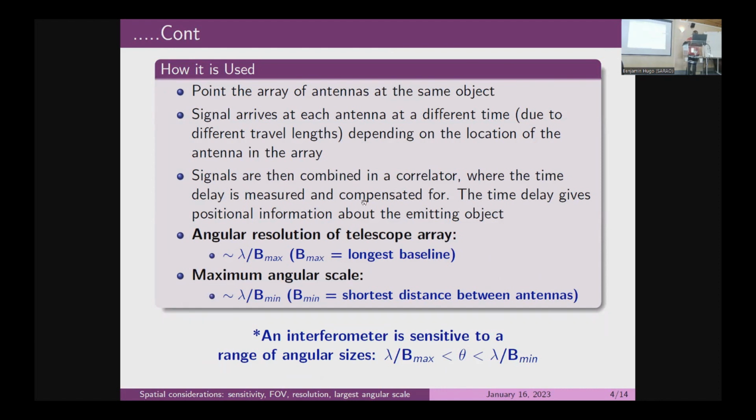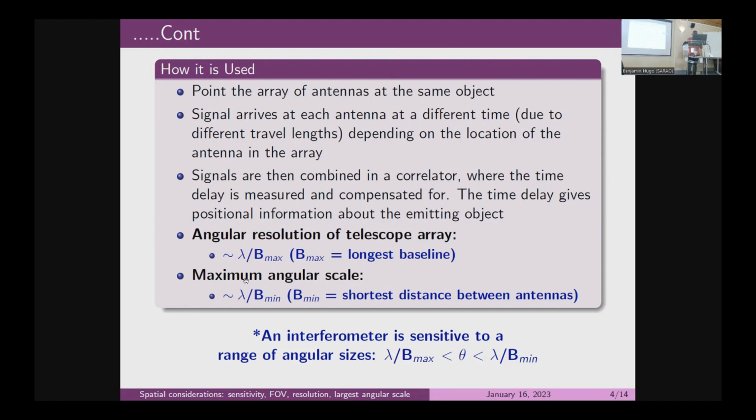Now, I said for the single dish antenna, the resolution is lambda divided by the dimension, the largest dimension of the reflector or the dish. But for the array, we look at the baseline. Baseline is the distance between two antennas. So you divide the same lambda by the longest baseline.